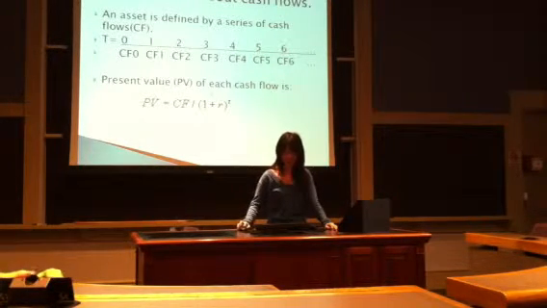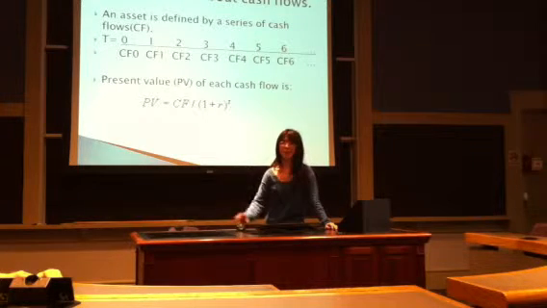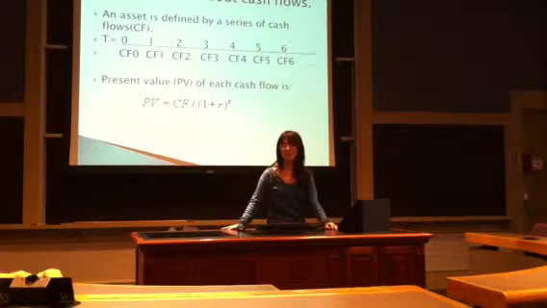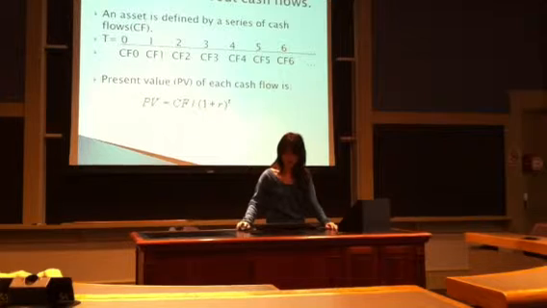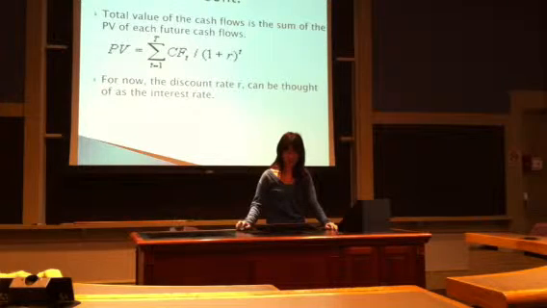The present value of each individual cash flow will be the nominal amount over 1 plus r to the power of t. So that's exactly the same thing we did just now, right? And then if you want to sum up the total value of the asset, it will just be the sum of all the cash flows discounted to their present value.